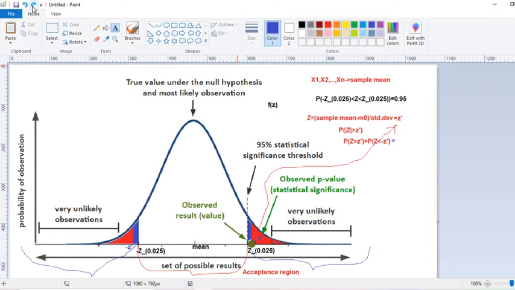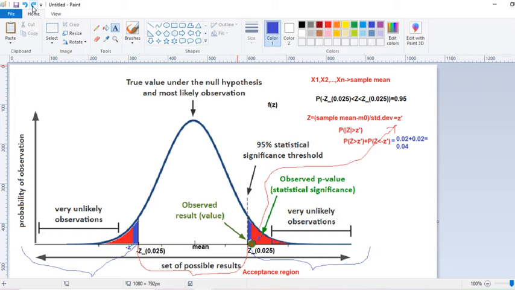Using some statistical tables you can find these values, and they are only assumed values, 0.02 plus 0.02, summed together. So the probability of that red region will be 0.04.